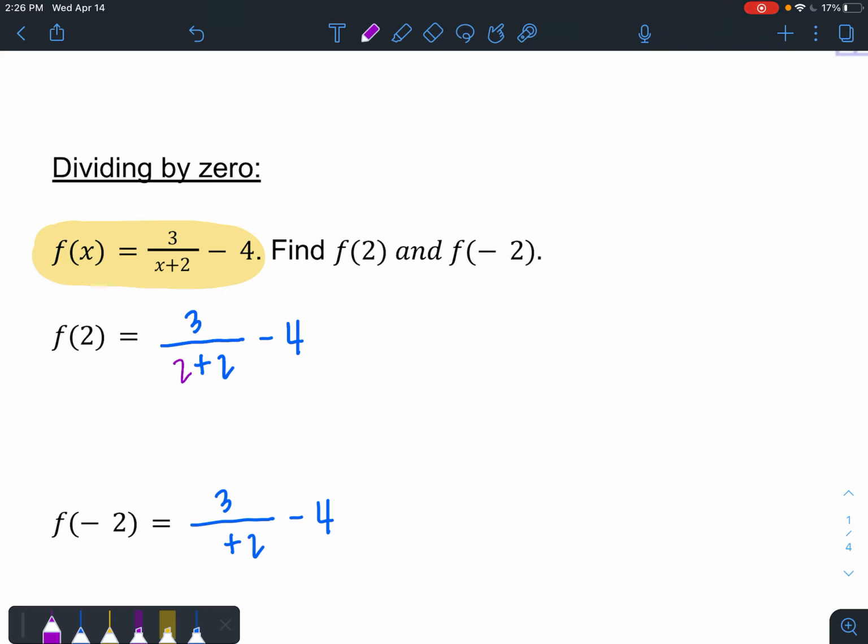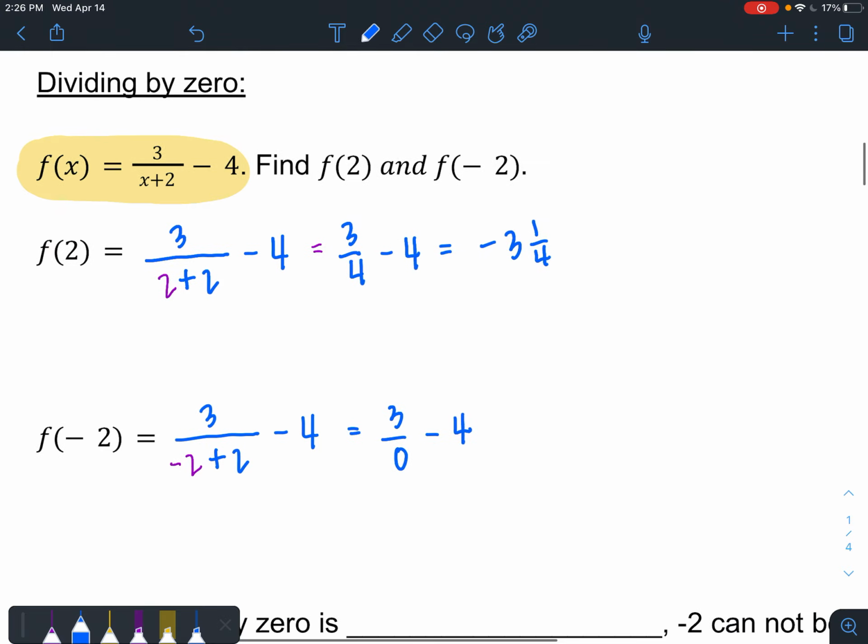When I plug in 2, I get 3 over 4 minus 4, which is, let me work left to right rather than up and down. So I get 3 over 4 minus 4, so I get -3 and 1/4. For this one, if I have 3 plus -2 over 2, I get 3 over 0 minus 4.